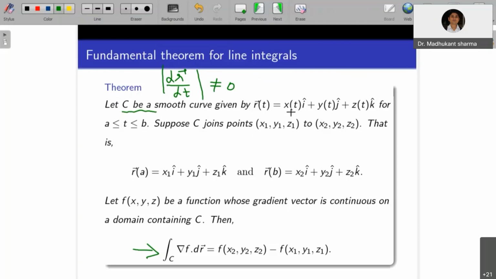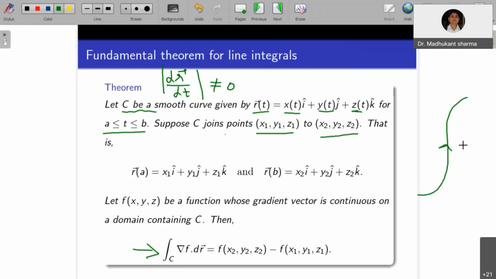Now let this be a general parameterization for the closed interval a to b. Suppose this is the starting point and this is the ending point of the curve.